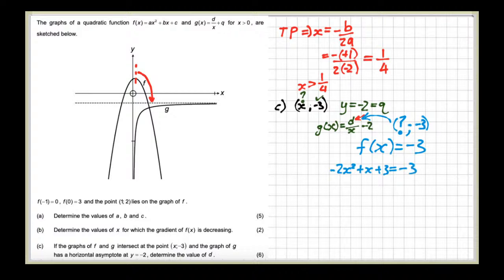This means, let's take everything to the right. I'm going to sit with 2x squared minus x minus 6 equal to 0. Let's factorize: 2x and x, 2 and 3, a minus and a plus.